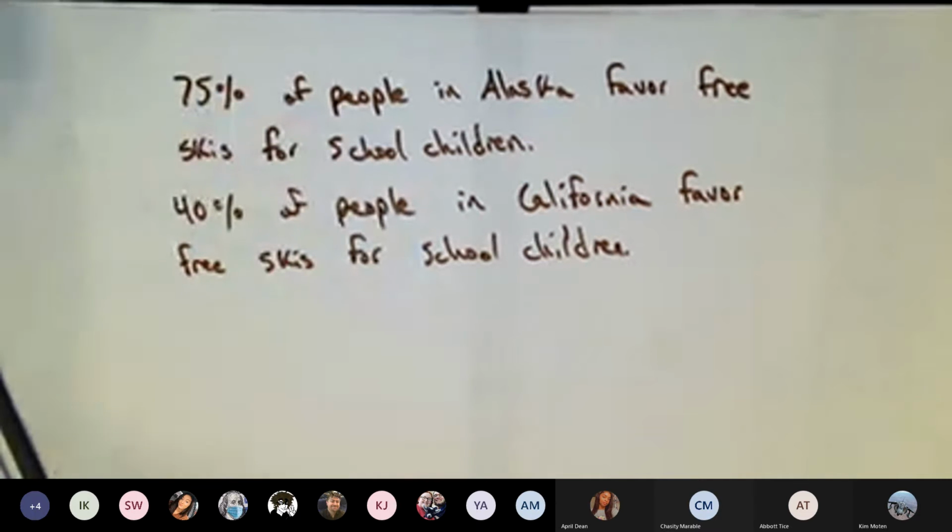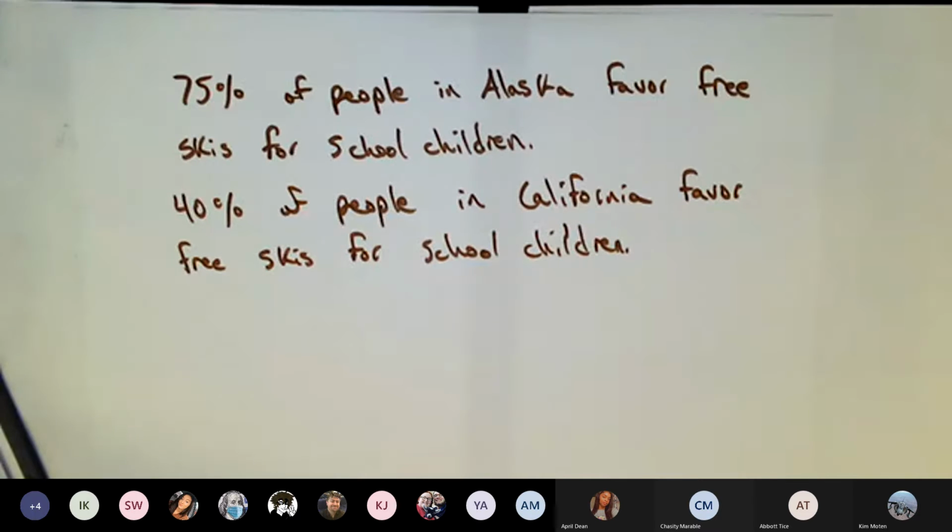That number is bigger than that number. But what this really tells us is that there are more people proportionally in Alaska that favor free skis for school children than there are people in California proportionally to the total.